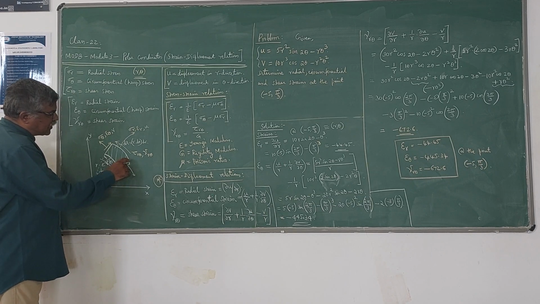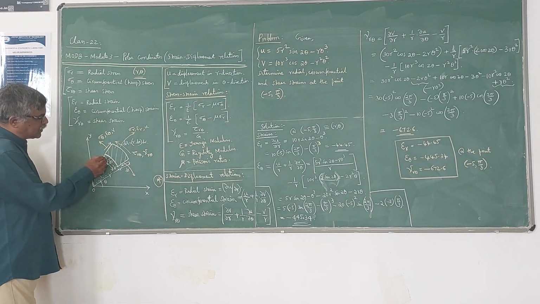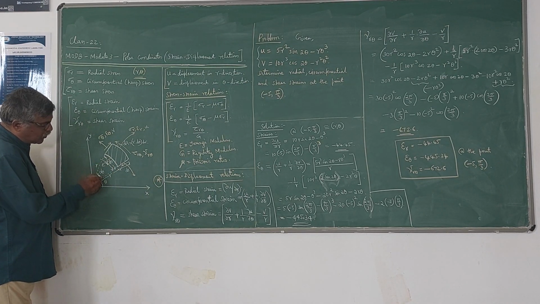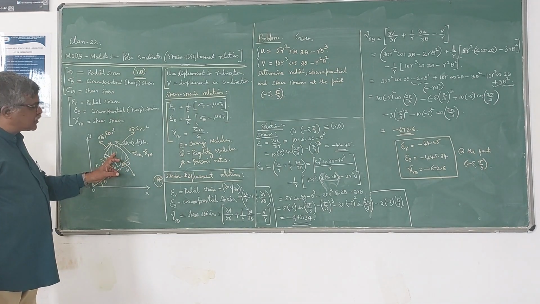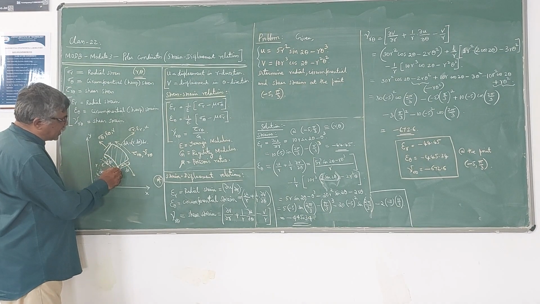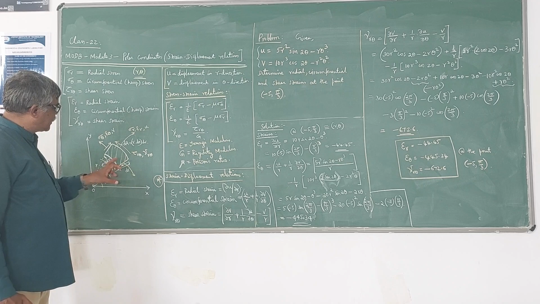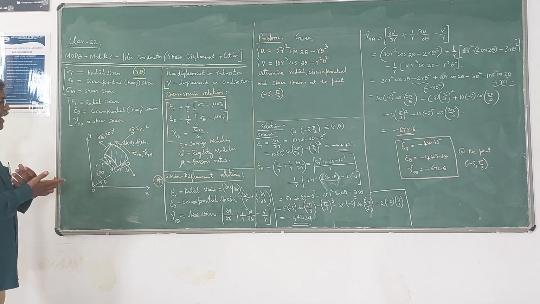If you consider the thickness of the element as dr, the arc length will be r into d theta, where d theta is this included angle, and the area of this elemental strip will be dA, that is r into d theta into dr. It is considered as a rectangular element.